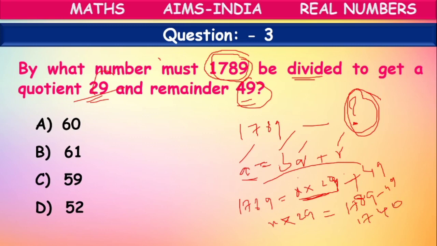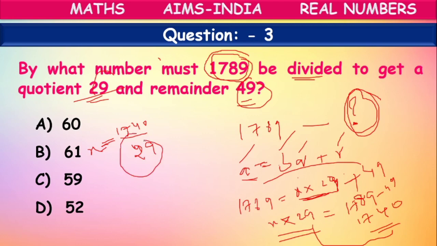Now X into 29 equal to 1740. So then what about X? 1740, this 29 will go that side. So it will become 1740 by 29. 29 6 times are 6 9s are 54, 6 2s are 12 plus 5 17.